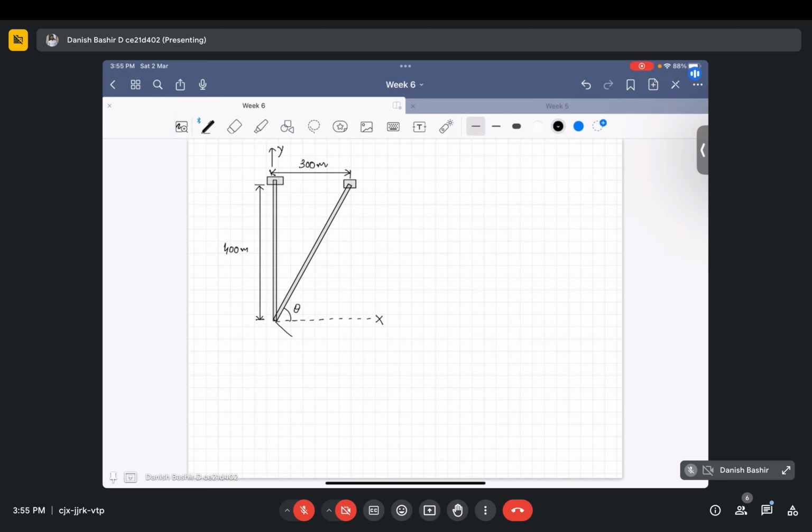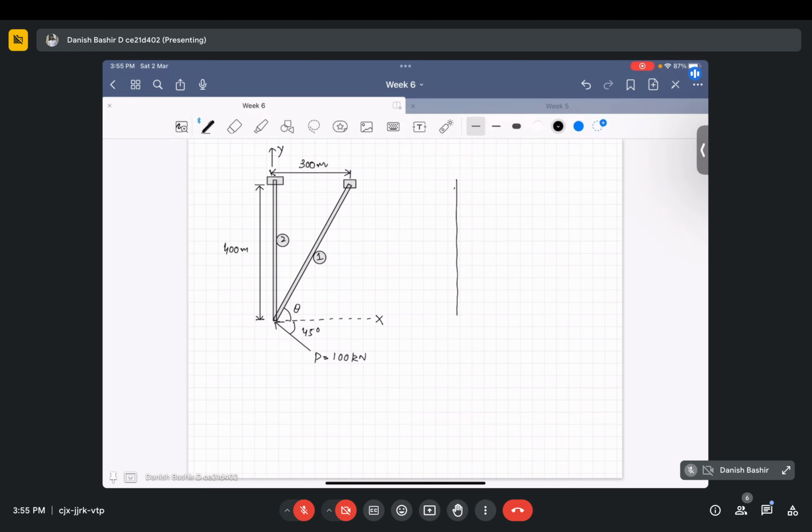There is one force P acting on this corner, P equals 100 kilonewton at an angle of 45 degrees. We have to solve this truss problem by taking this to be element 1 and this to be element 2, finding the individual element equations, combining them, and then finding the solution.